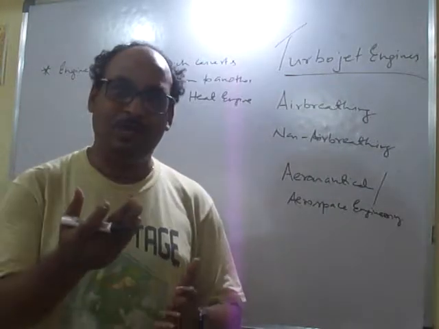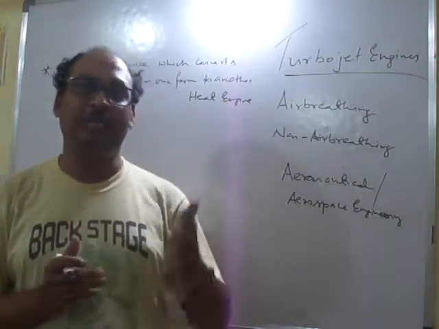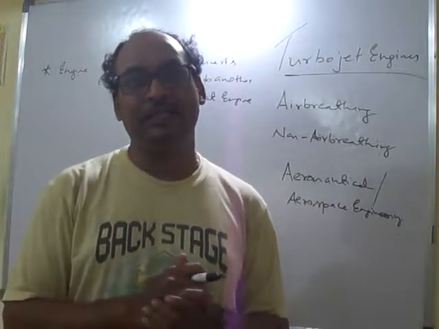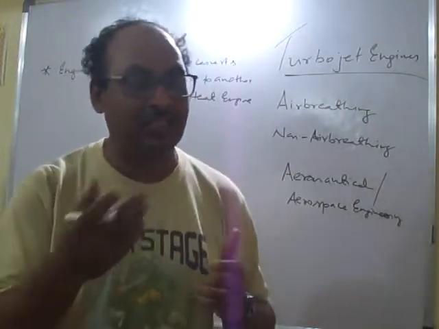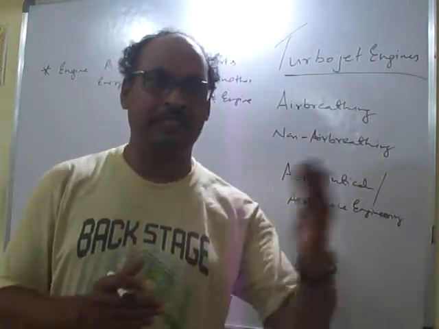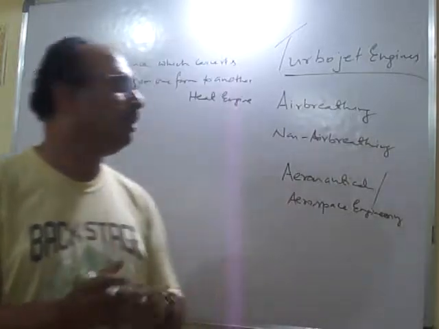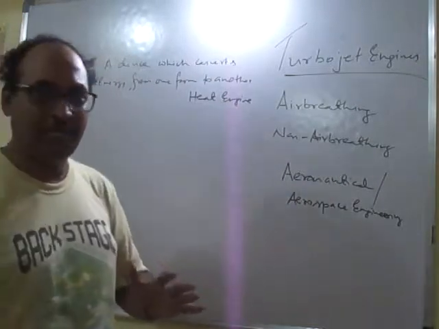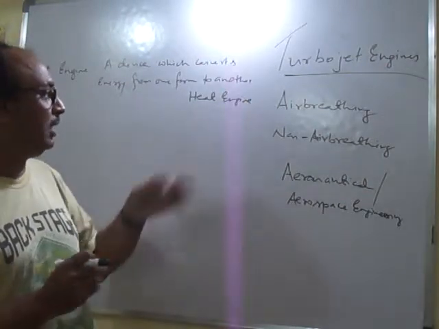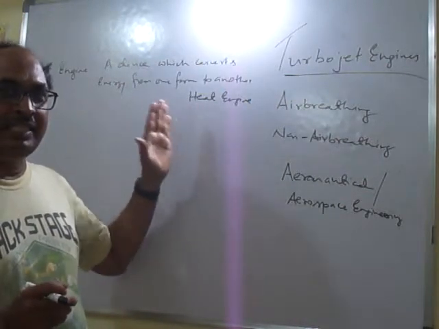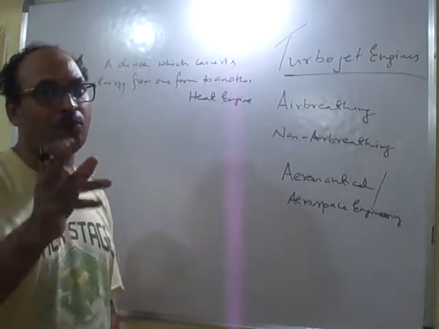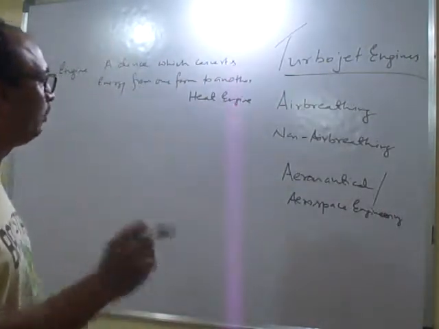Then the fuel energy, or chemical energy, is converted to heat energy, and then heat energy is utilized to drive the crankshaft. That crankshaft provides drive, and that drive is transferred to the wheel through some gear mechanism and other things. Those things I am not discussing now. But a heat engine is also an engine which converts energy from one form to another, right?